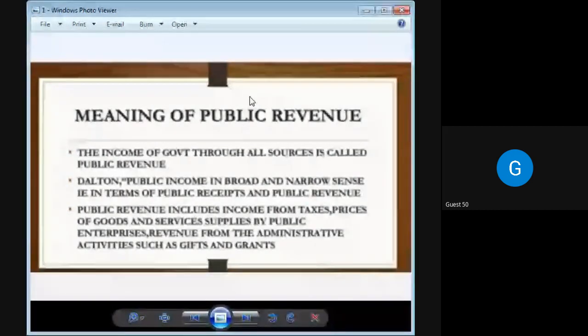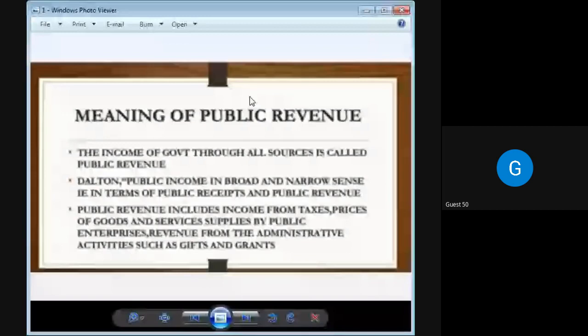Public receipt means whatever the government is earning, and public revenue means whatever the government earns through the various sources, and how they use these incomes for the development of the economy and the betterment of the citizens. We will discuss this topic, but first of all, it is very important for us to understand how the government earns, what the public revenues are, and what the different sources are from which the government earns its revenues.